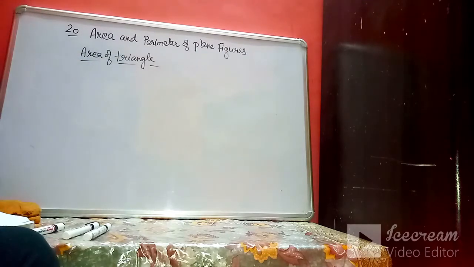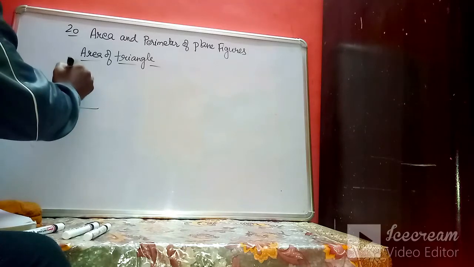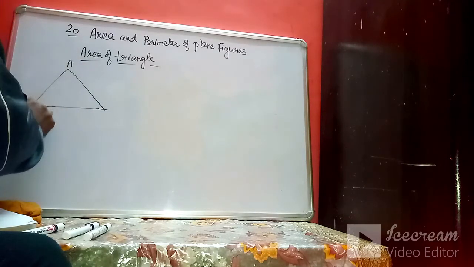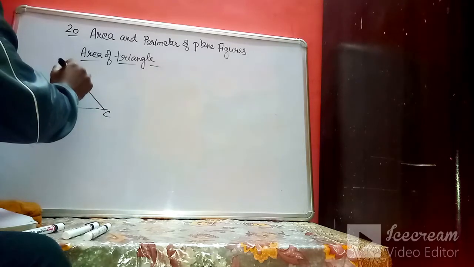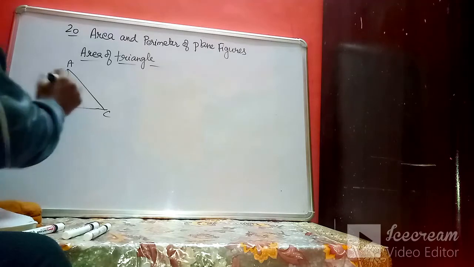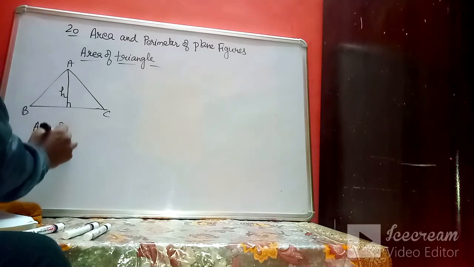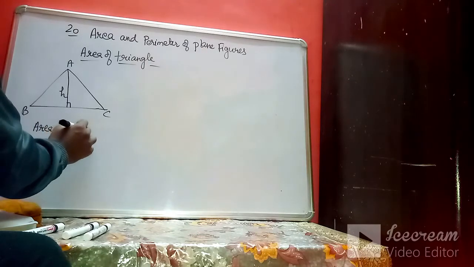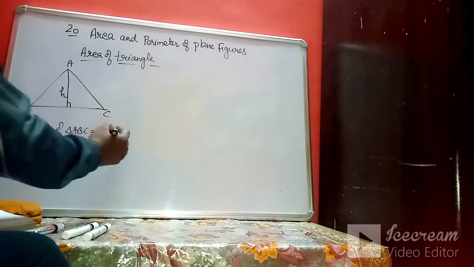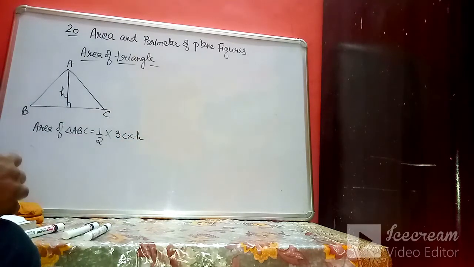One formula that we already knew: suppose this is a triangle ABC, and suppose this is the altitude of height h. So what is the area of this triangle? Area of triangle ABC, we knew, is half base corresponding to that altitude, BC, into height. Okay, this formula we have already studied.